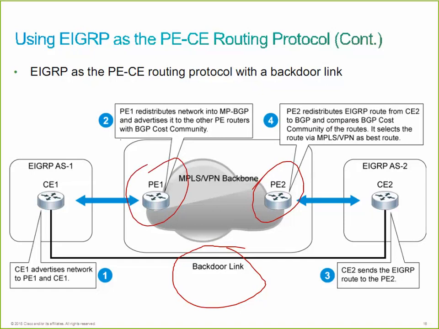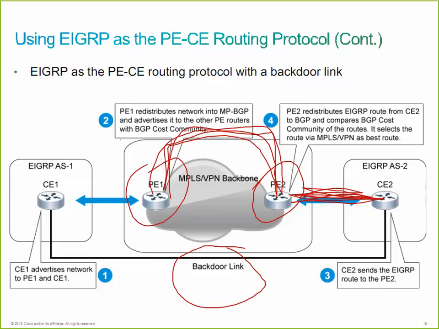We know that PE2 has 2 options: the iBGP path it learned from PE1, or the locally originated BGP path that was learned through the redistribution of the same prefix from the CE2 router.